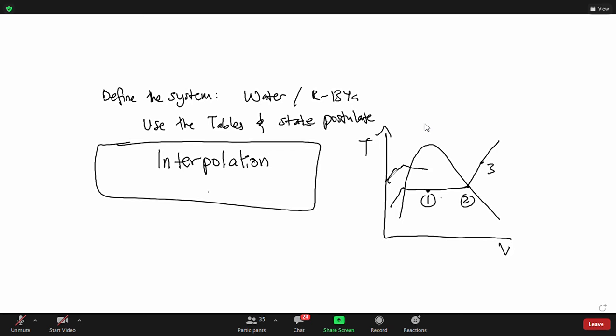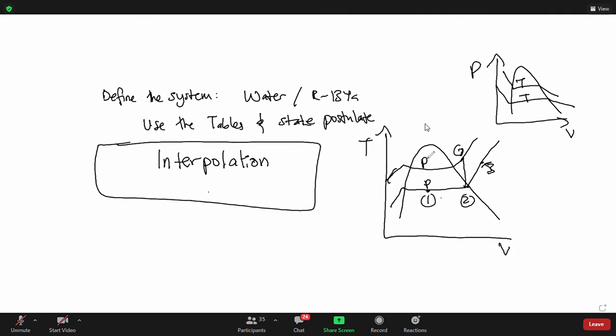Show this on a TV diagram or a PV diagram. The difference between a TV and a PV is the PV comes from the top, and this is temperature. This is lines of constant pressure. So that is what I need you to be able to do.